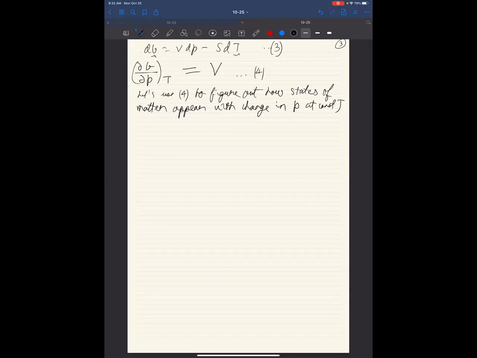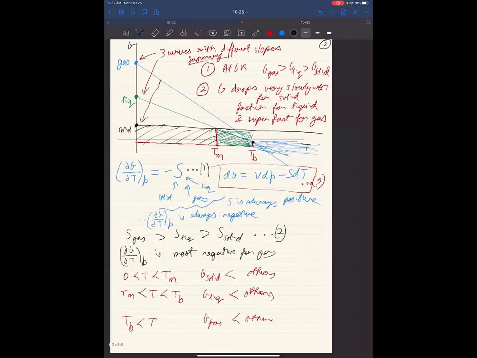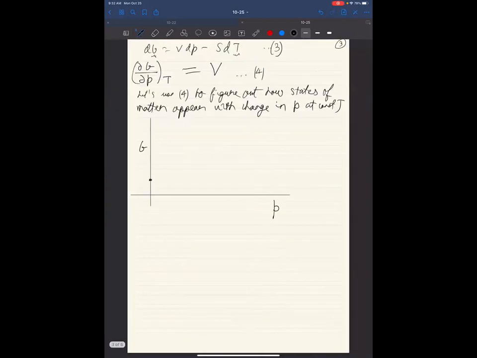So let's think about the same curve now, a similar curve, but now we are thinking about G as a function of pressure. So same question. At zero pressure, let's draw three things. I'm going to use different colors. Which one should be solid?